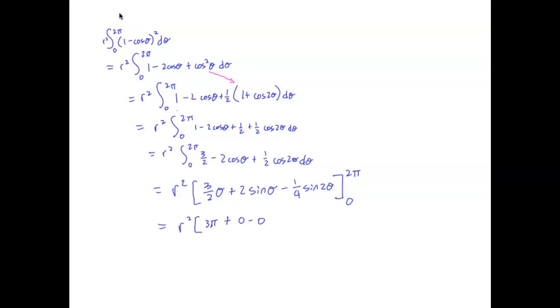And then when I plug in the 0 to all of these, we still just get 0 for everything. So I'm really just left with 3 pi. And we have the r squared out front, 3 pi r squared. So pretty interesting. The area under one arch of a cycloid is actually just 3 times the area of the circle used to trace it out.